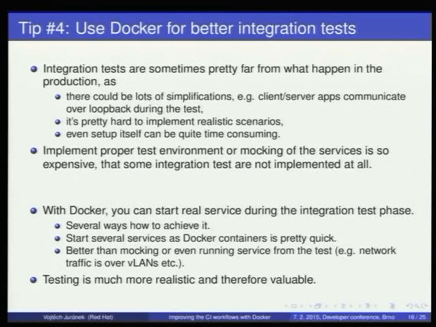I saw many times that everything works nicely on localhost, but later on in production there were many issues caused by communication going over routers and so on. So even in these trivial use cases, Docker can help because a Docker image at least communicates over VLANs, so it brings it a little bit further to realistic scenarios, and therefore all your testing is more valuable.